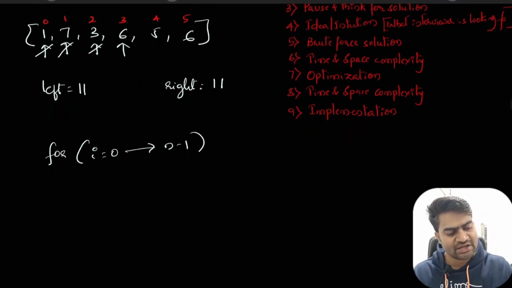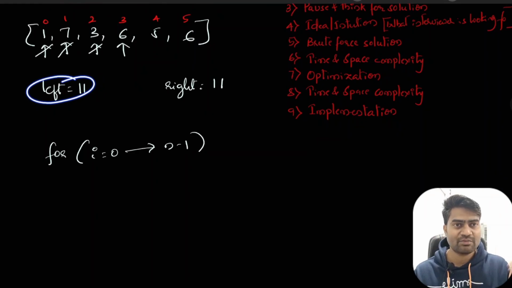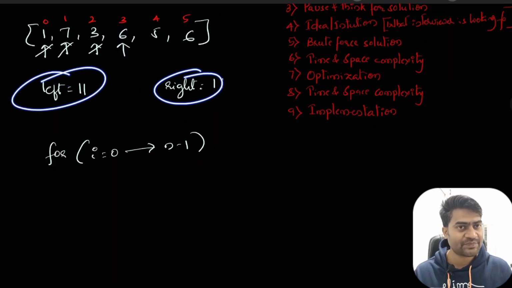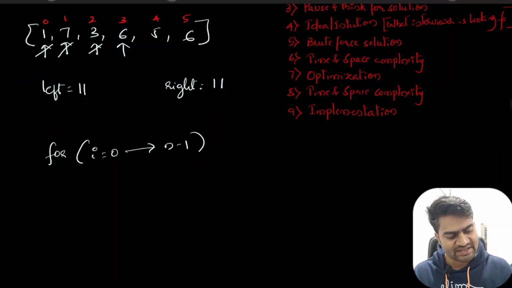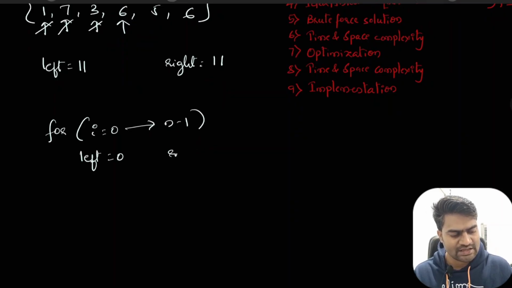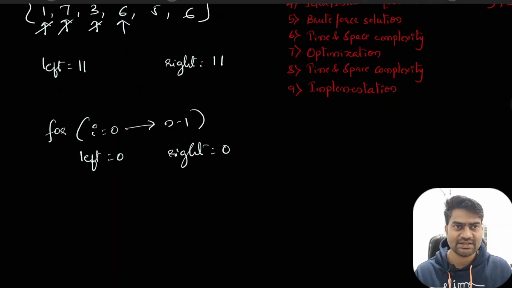After that, I need two variables, right, to find my left value, basically the prefix sum and the suffix sum. So I need these two variables. So basically I will take left equal to 0 and right equal to 0.